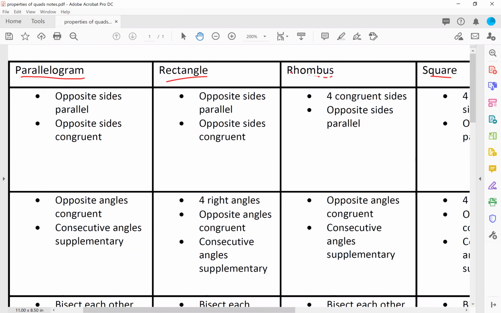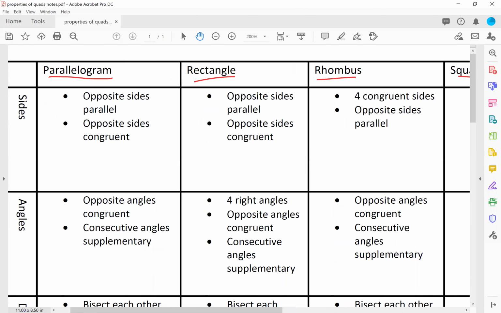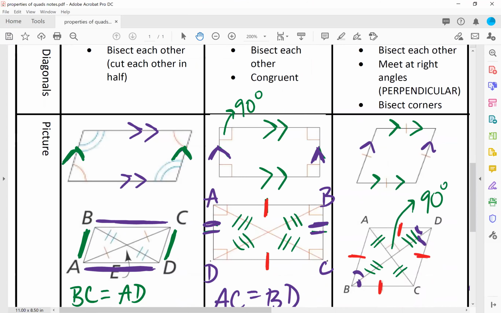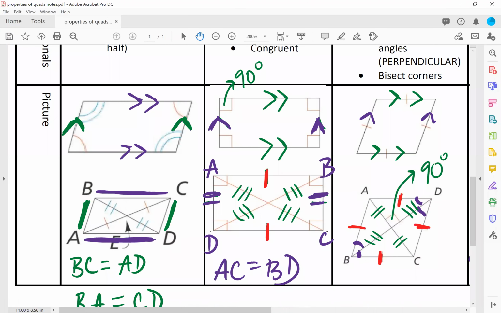So some of the things that are true for parallelograms apply to all four of these shapes here. So sides, the opposite sides are parallel and the opposite sides are congruent. So parallel, you can see in the top picture here, the top and the bottom, those are your opposite sides. They run right next to each other, and that's indicated by the arrows.